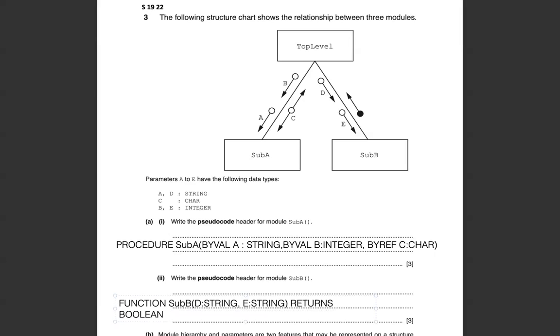Why boolean? Because this filled black dot or black arrow represents a flag being returned. That's why it's considered a boolean. So this should be the second subroutine header.